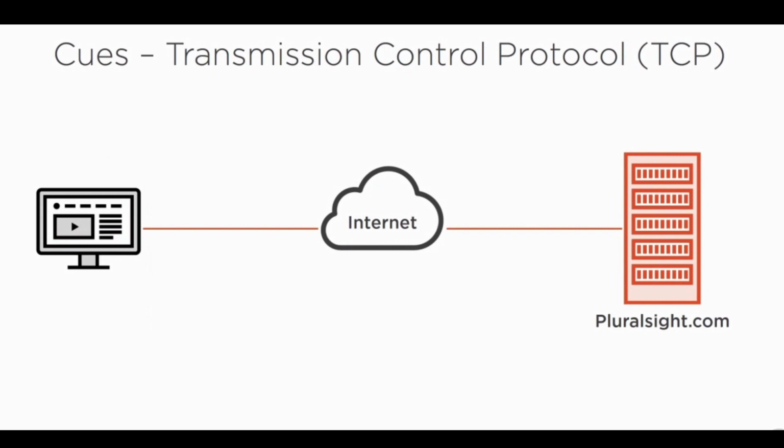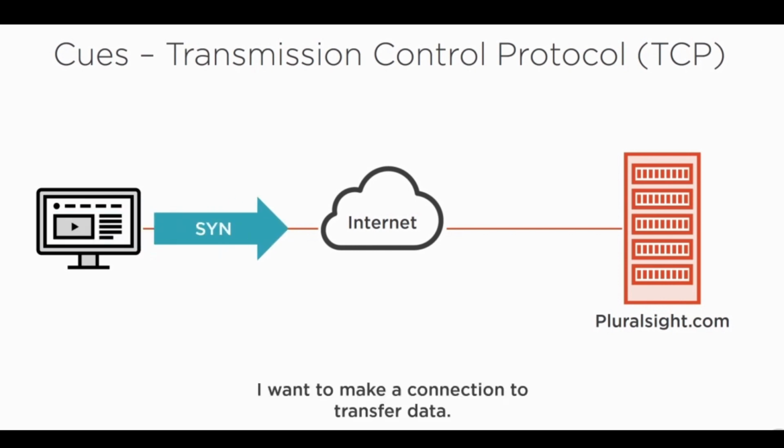Now, before Pluralsight.com can send us the website, and actually even before we can ask Pluralsight.com for the website, we have to establish a session in order to begin that website transfer. The way we do that is we send a message from our workstation before we request the website. We send a message called a SYN message, S-Y-N, for synchronization.